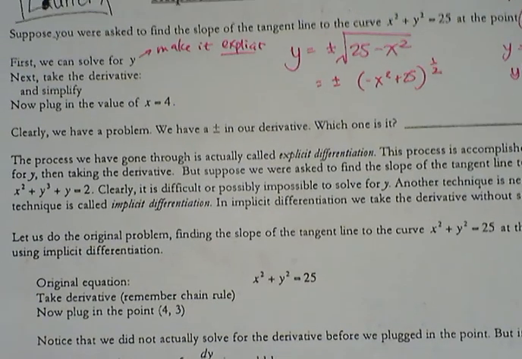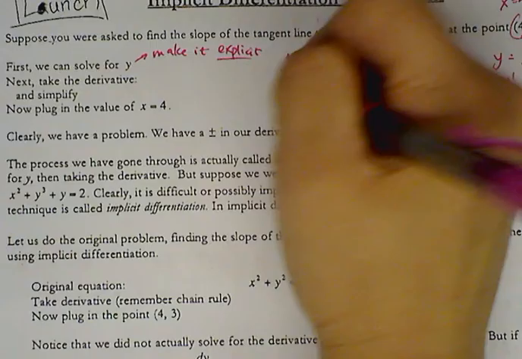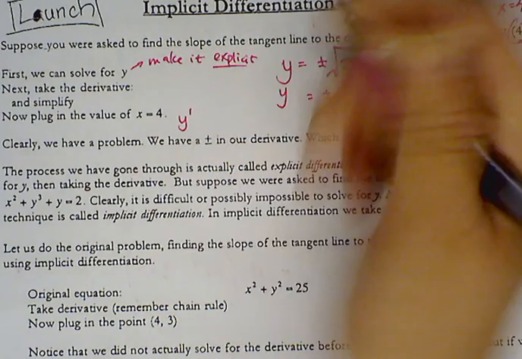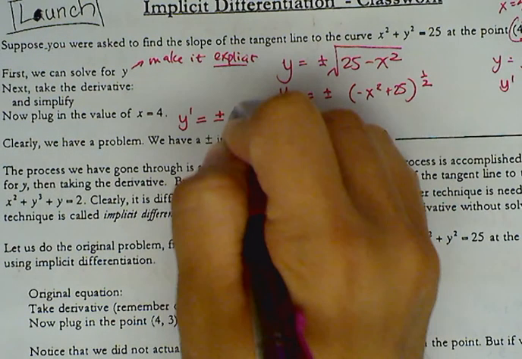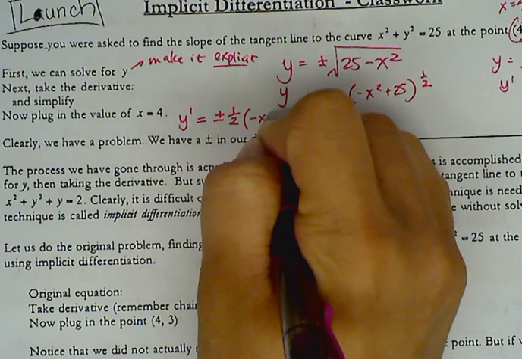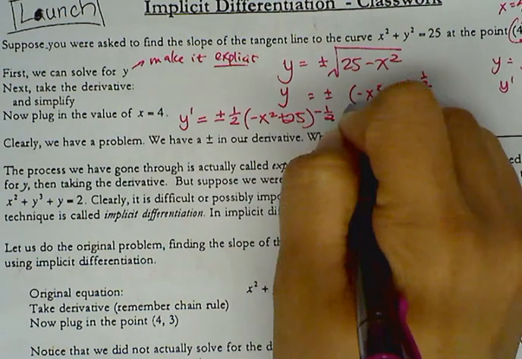Chain rule? Okay, so this is y. So y prime would be plus or minus 1/2 times negative x squared plus 25 to the negative 1/2, times the chain rule factor, negative 2x.